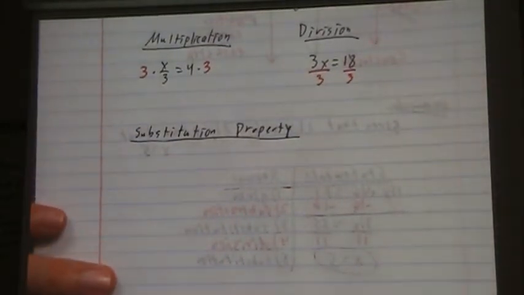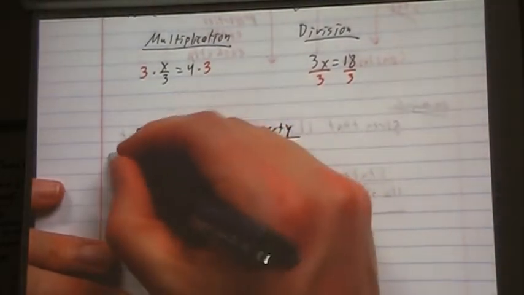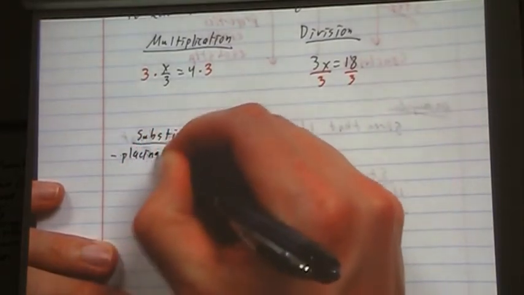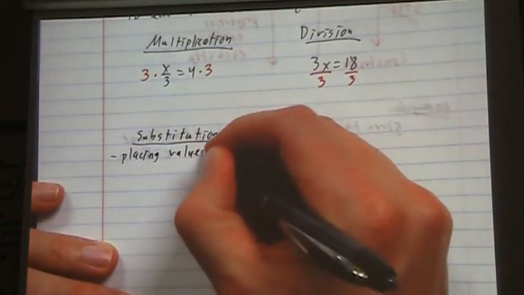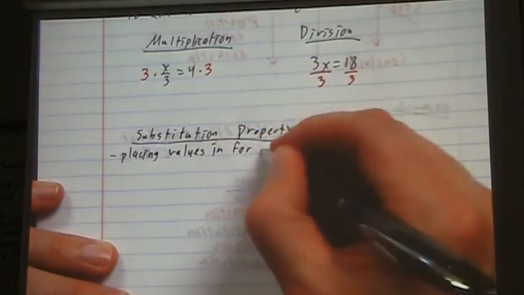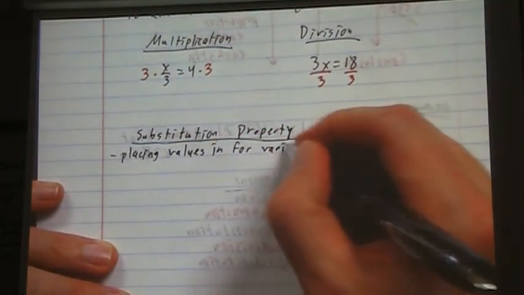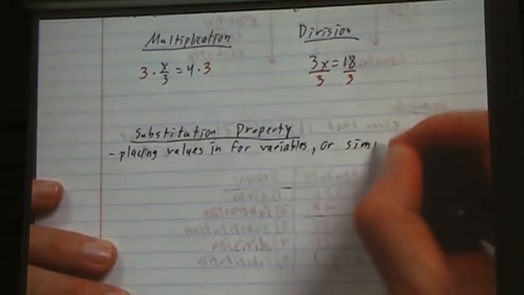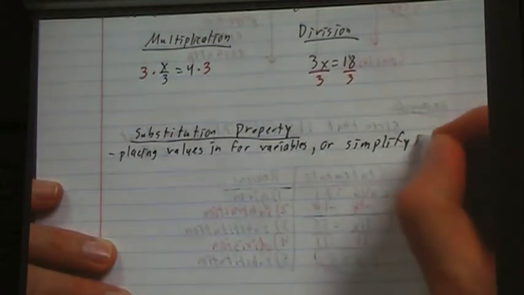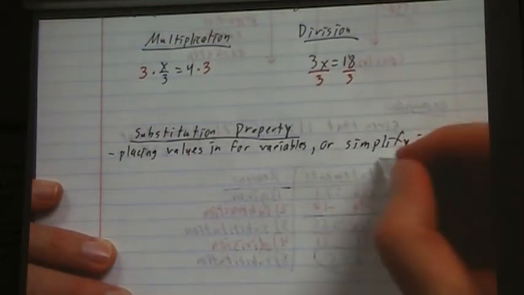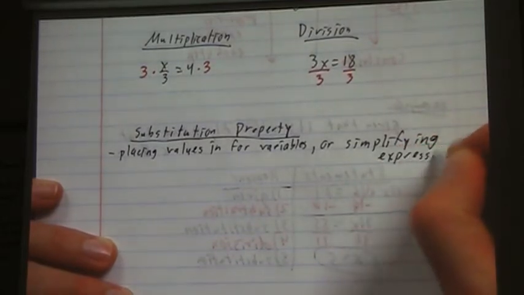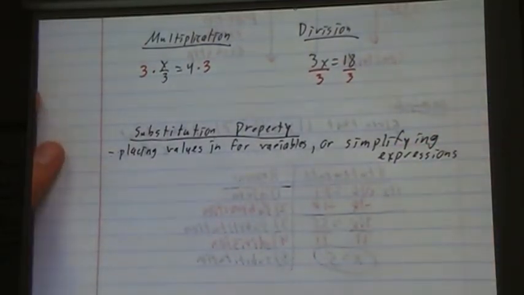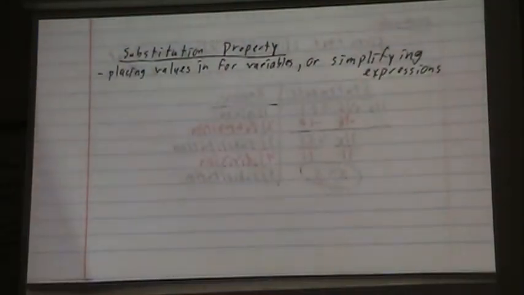Specifically like one variable in for another variable, or one number in for a variable, or could be simplifying expressions. Simplifying expressions is just a fancy way of saying solving part of a problem or making a problem more simple.